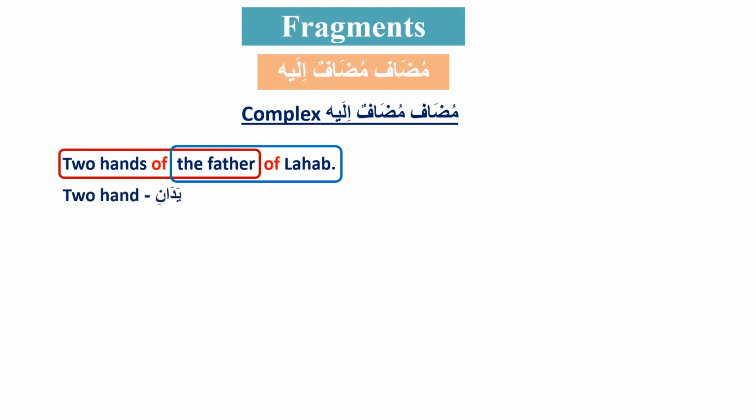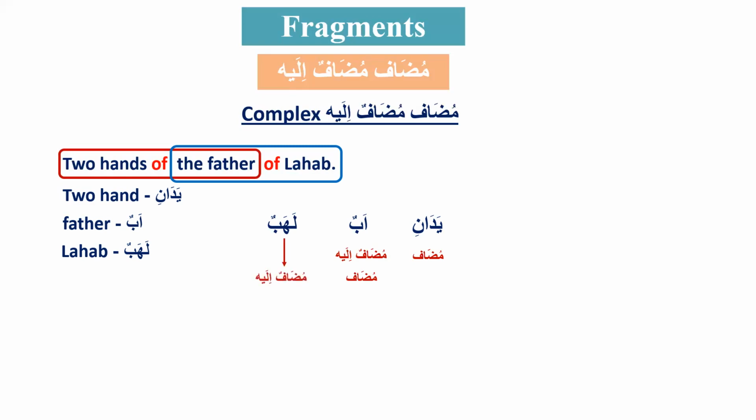Okay. Two hands is yadani. Father means abun, and Lahabun is Lahab. That's a name. Okay. So I'm going to write these words again. Yadani is a mudaf, as you said. Abun is a mudaf ilayh, but a mudaf as well at the same time. And Lahabun is mudaf ilayh. Okay.